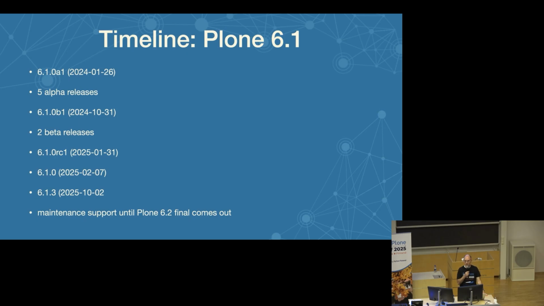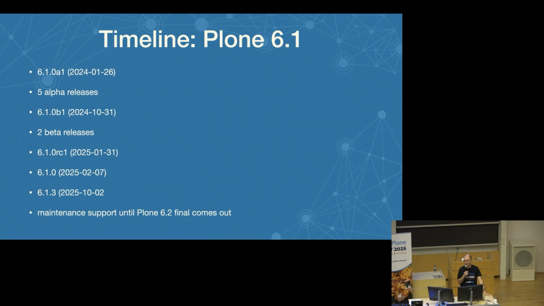6.1, the first alpha was actually released at the beginning of 24, and then we had 5 alpha releases, and 9 months later the first beta. And 2 beta releases, then a first release candidate at the beginning of this year. And then 1 week later we said, it's fine, and we make the final release in February.